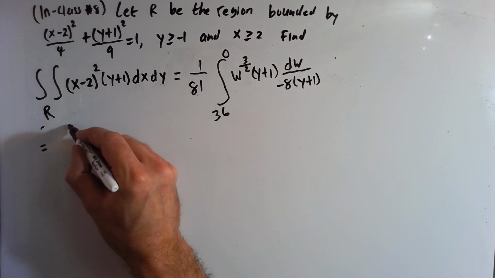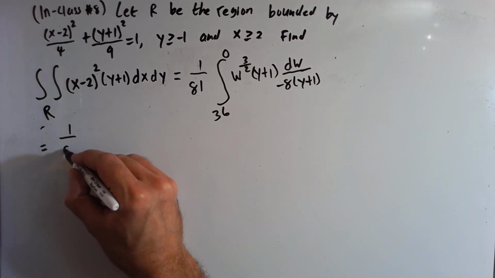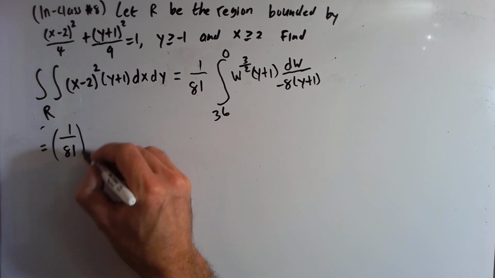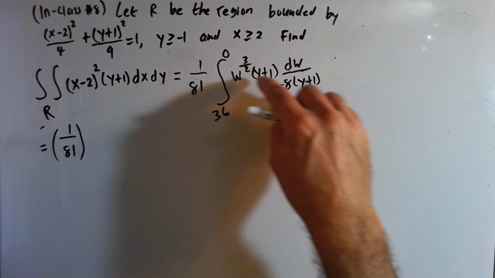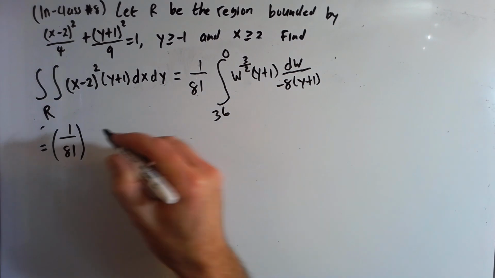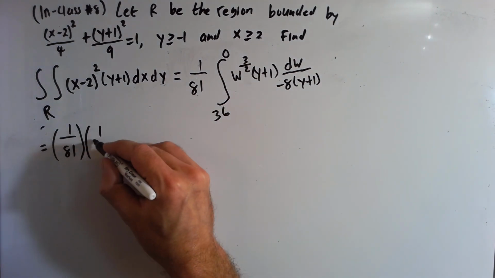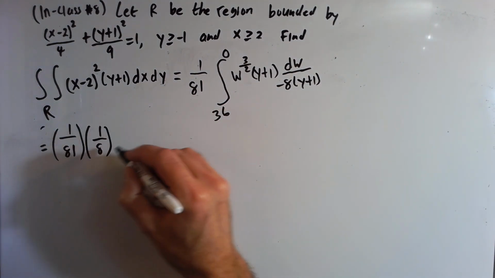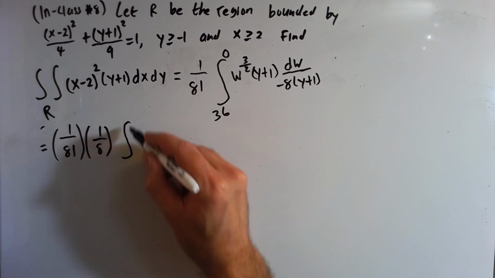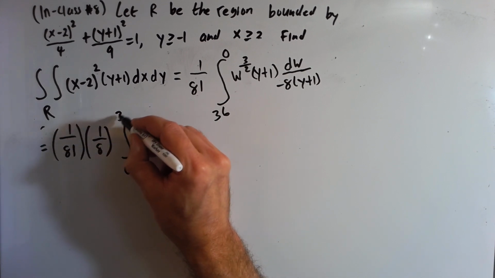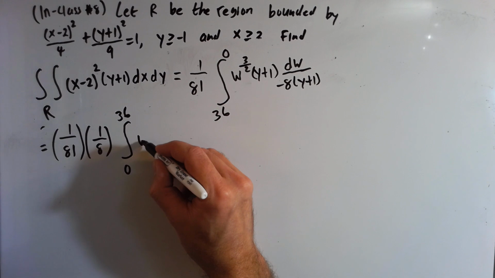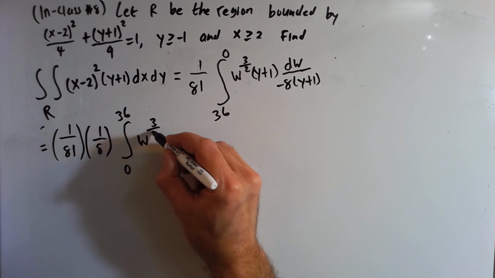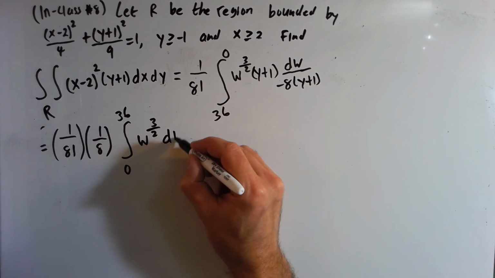So it'll be 1 over 81. When I introduce a minus sign, I can just multiply it with that one and make it positive. So it'll be 1 over 8, and it'll be integral from 0 to 36 of w to the 3/2 dw.